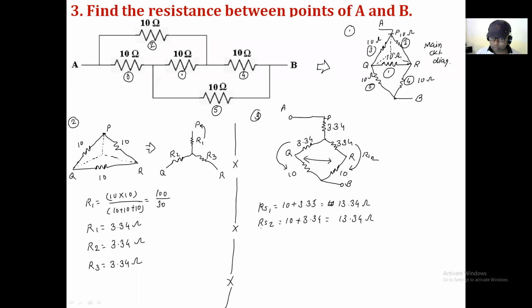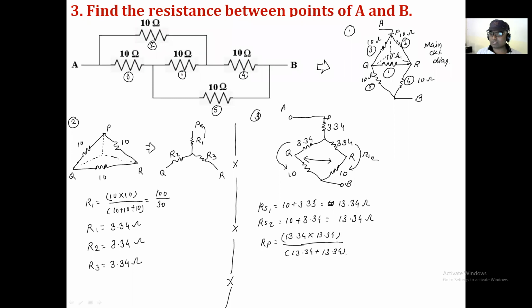And then this RS1 and this RS2 are connected in parallel. So can I directly write the formula here? RP is equal to the product of these two resistances divided by the summation of these two resistances. Or if you remember that when two parallel resistances have equal value, what is the resistance?